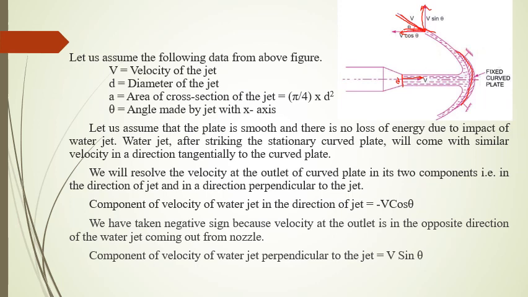Here the direction represents against the jet, so the velocity component to the horizontal is minus v cos theta. Now the vertical component perpendicular to the direction of jet is v sine theta. That is here v sine theta.